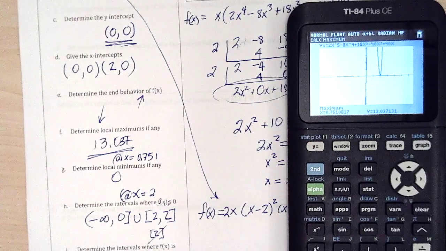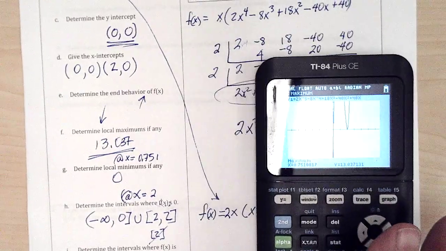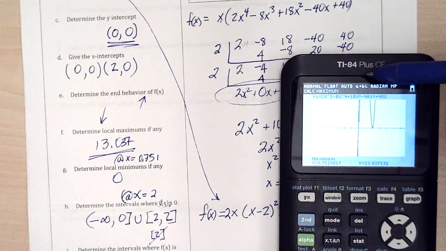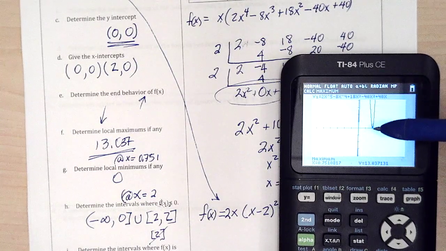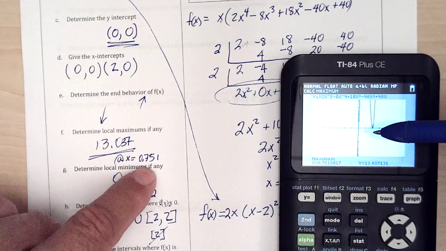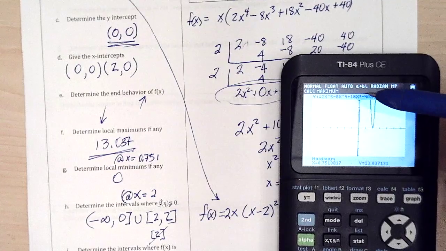Determine the intervals where f of x is decreasing. Okay, so this thing was increasing up till the maximum, and then it decreased. The maximum happens at x equal 0.751.